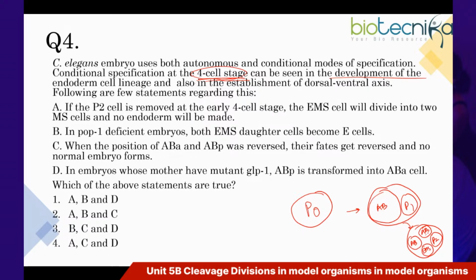The AB cell closer to P2 becomes ABp, and the one towards the anterior side becomes ABa. I hope you remember this is what they're talking about. It can be seen in the development of endoderm cell lineage and also in the establishment of dorsal ventral axis. So there are following statements regarding this. Tell me which of these above options are true.